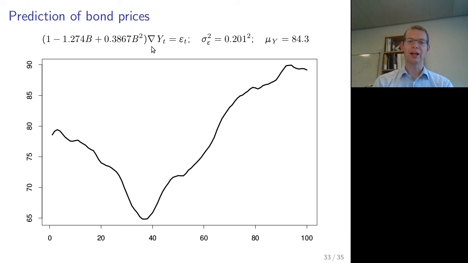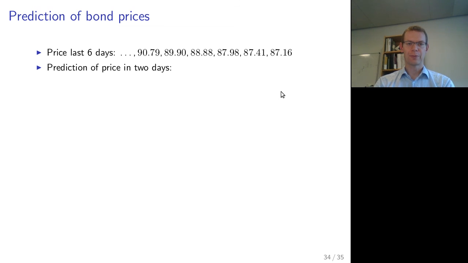So this is an ARIMA model where p equals 2, d equals 1, and there's no moving average part. So it's an ARIMA(2,1,0) model. And you should subtract the global mean value at first before doing anything. Given the last 6 prices, you're asked to predict the price 2 days from now.